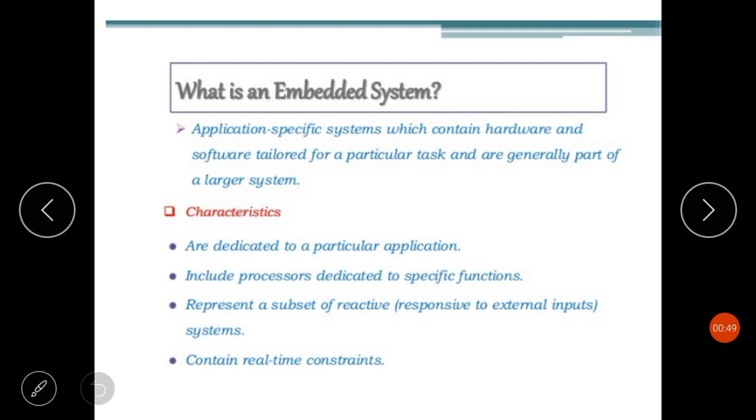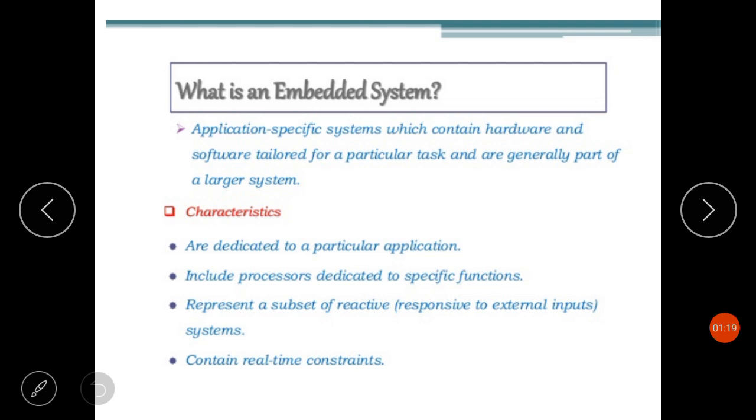They are manufactured in such a way that they will perform a particular task only. That is, they are dedicated to a particular application. So this embedded system cannot be used to perform another application, because it has been designed, manufactured or tailored to perform one particular application only.